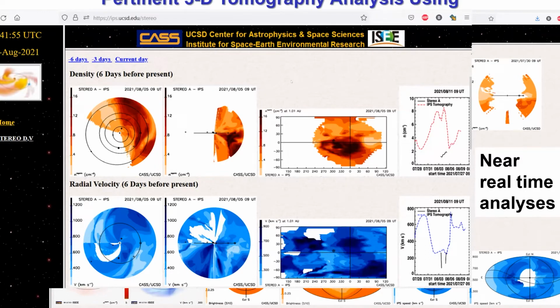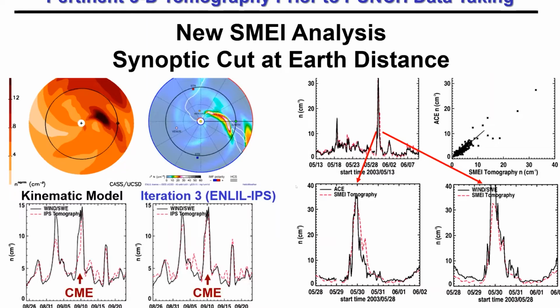We want to go down to about a 1 hour resolution, and you can't do that except for the multi-node processor system. We've been able to do it with archival data with SMEI, and so over on the right you see this data that we've reconstructed.